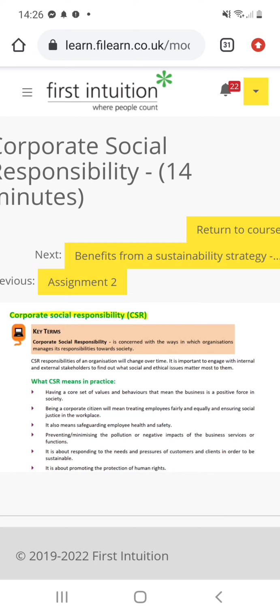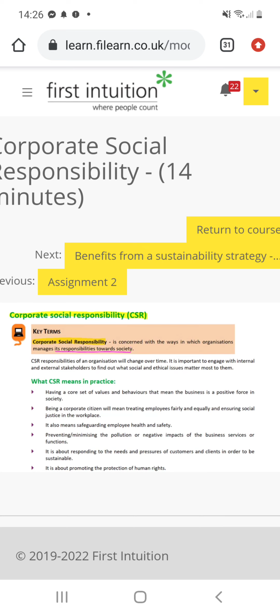Now, corporate social responsibility, we have the key terms in the box at the top of our page. CSR is concerned with the ways in which organisations manage its responsibilities towards society. And society is a large statement. You can pretty much think of anyone that the organisation impacts on, whether this is directly or more indirectly.